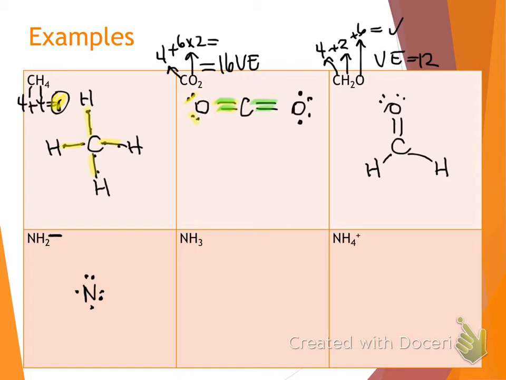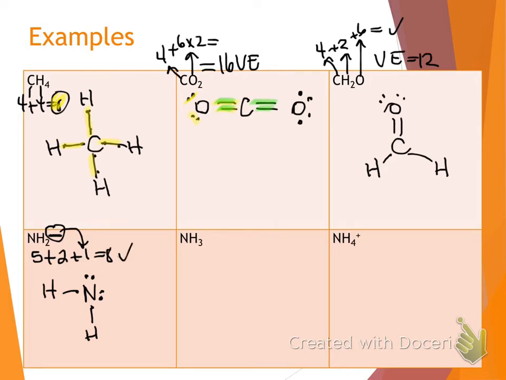That leaves 2 single electrons, which is where our hydrogen is going to attach. Here we have a total of 8 valence electrons, which is perfect because we have 5 from nitrogen, 2 from hydrogen, plus 1 because of that charge. So we get a total of 8 valence electrons in our structure.